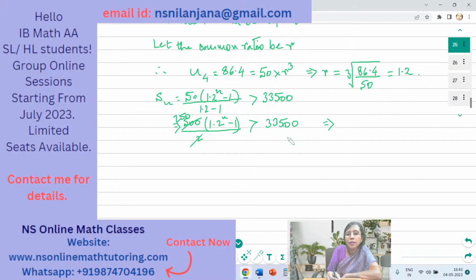Okay. So this means if we divide both sides by 250, we get 1.2 to the power of n minus 1 is greater than 33,500 over 250.